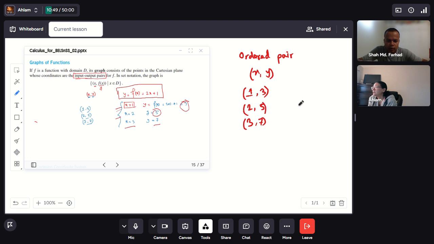Now if we want to plot the function which we have, that is y equals f of x equals 2x plus 1, that means y equals 2x plus 1.